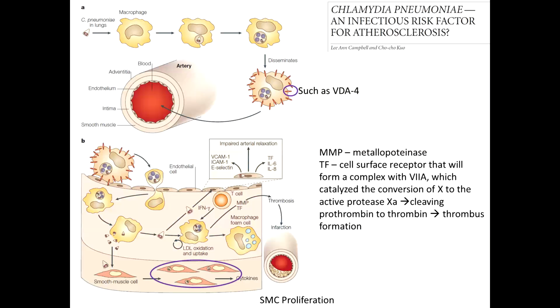Okay, so you can see that we have a macrophage cell that took up oxidized LDL, just like we talked about before. Now, in the process of all of that, these activated monocytes turning into macrophages will release MMP and TF. So one of the guys talked about metalloproteinases. What those do is degrade collagen.